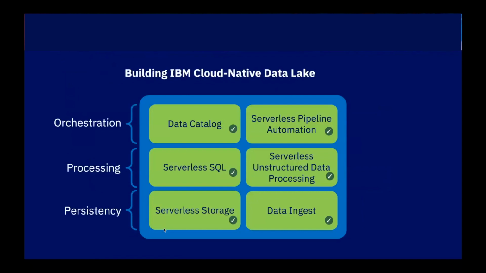Now, data lakes is something that many people already know from Hadoop systems, and they have certain ingredients like HDFS for persistency, and then several engines for doing different types of processing, like Pig and so on for data transformation, and then maybe Hive for analytics.